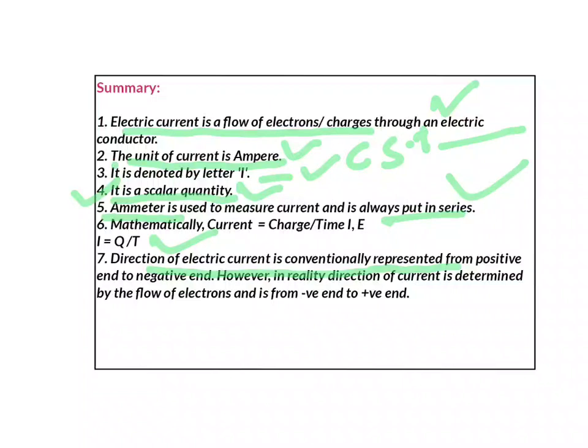But as you know, electric current is because of the flow of electrons which are negatively charged, so they flow from the negative end to the positive end. But still, as we have been doing this for ages, we still continue with that conventional representation of direction of electric current from positive to negative, but in reality you have to remember it is the other way around. It is from negative to positive.